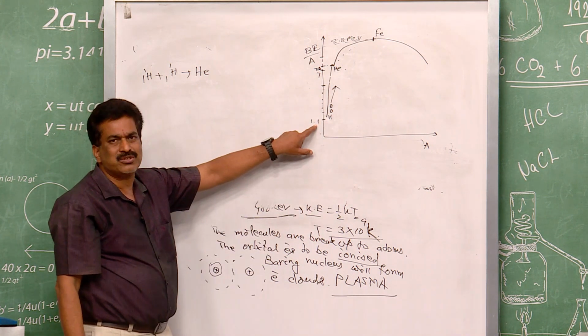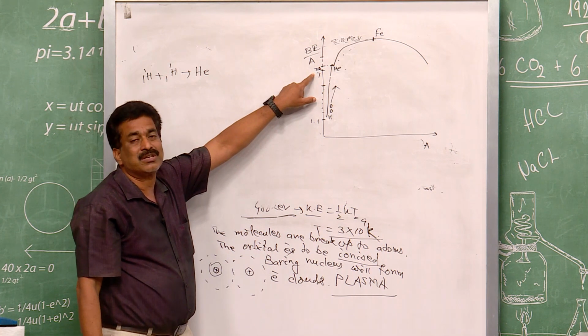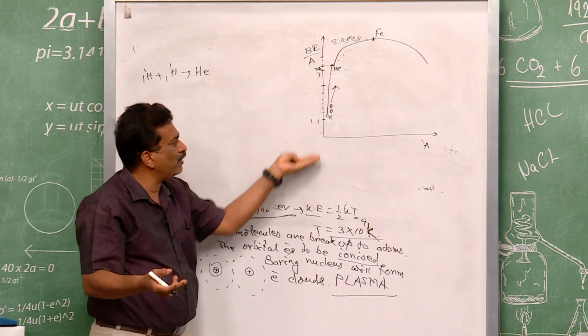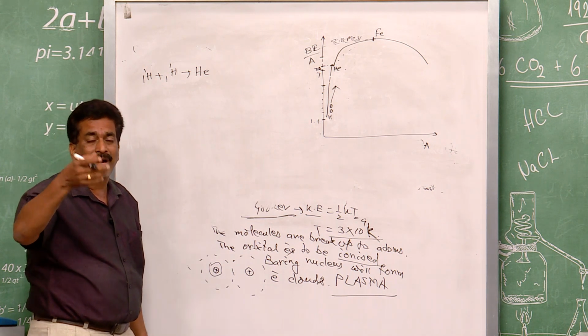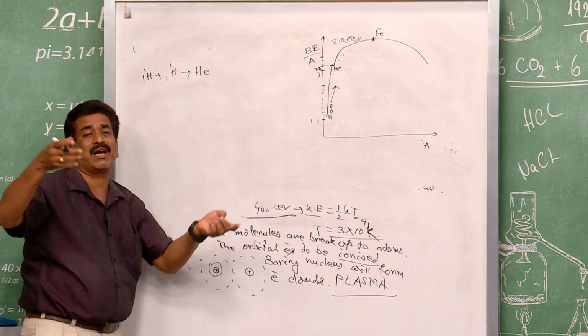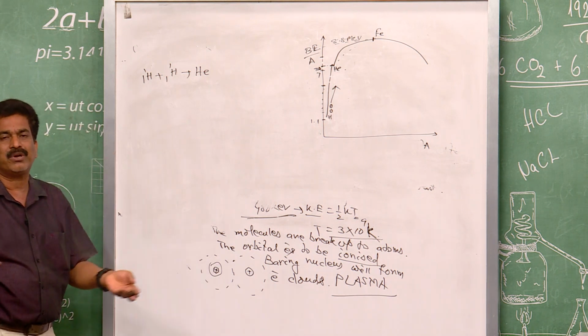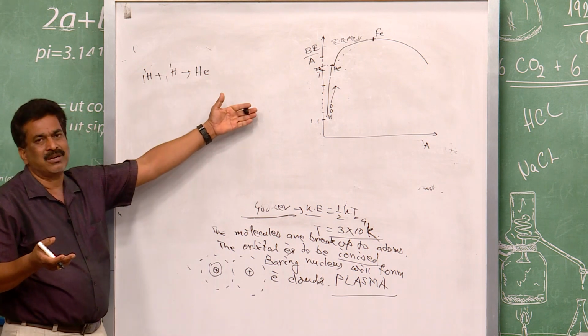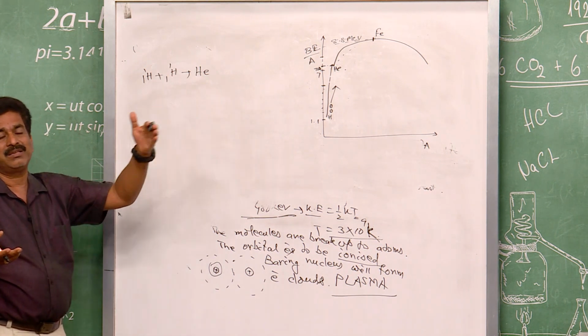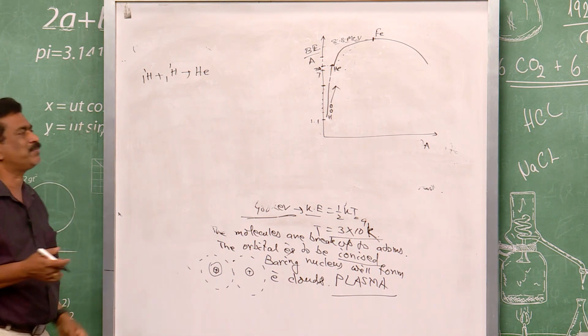Because here the energy is 1.1, here the energy is 7 to 7.6, therefore it increases per nucleon. So if a number of hydrogen nuclei are there, then energy will be generated. And on the reaction, we will come to know how that generation of energy is possible.